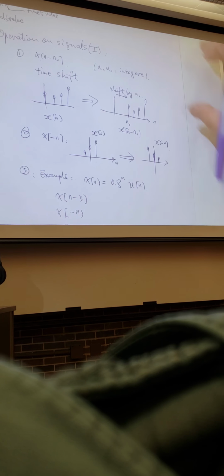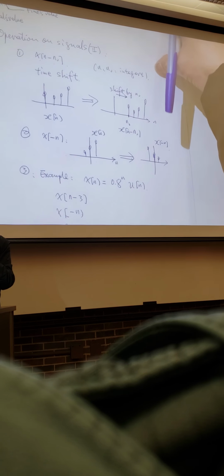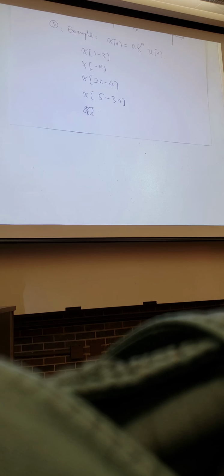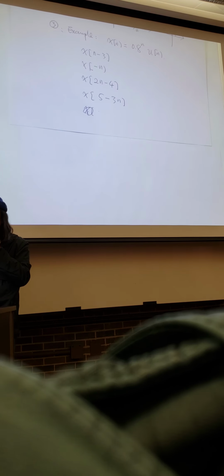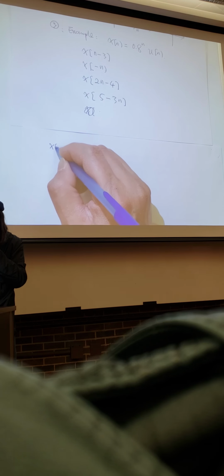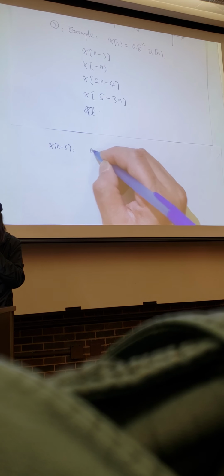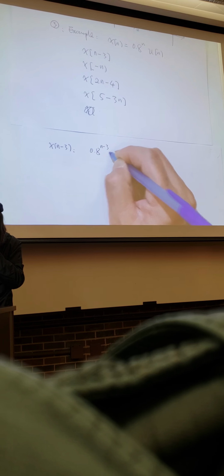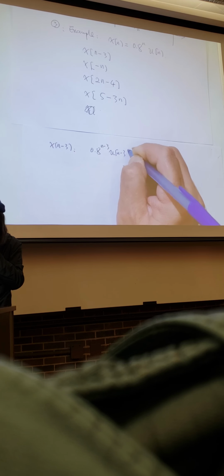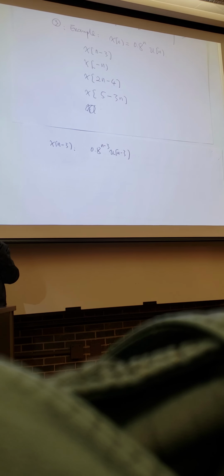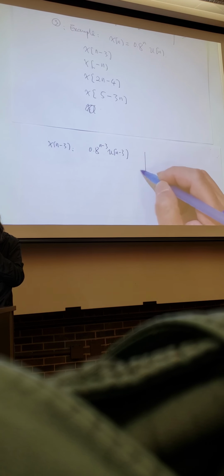Okay, now what are these? X of n minus 3 is 0.A to the n minus 3 times u of n minus 3. If you write it as a formula, it is just like this.